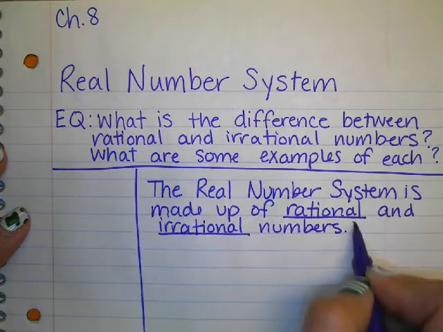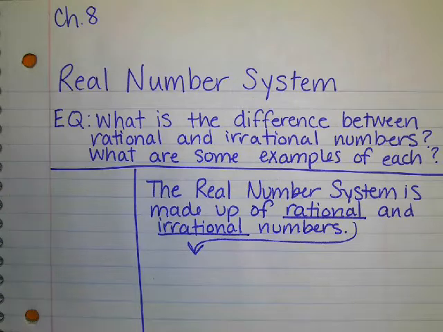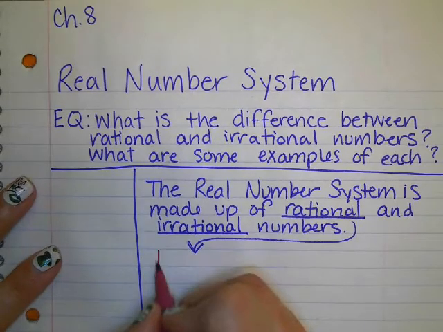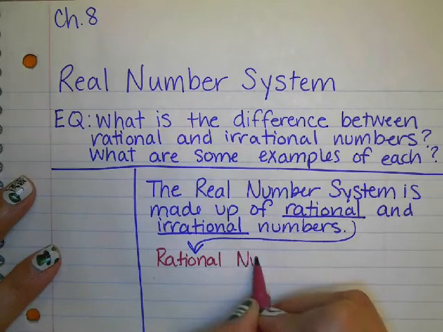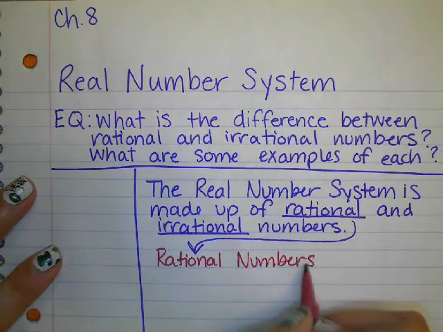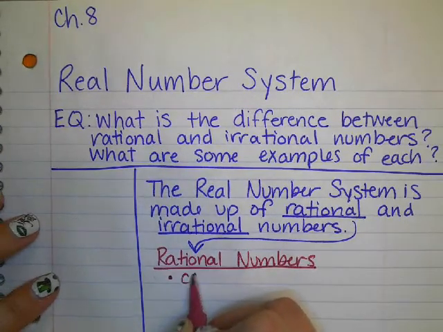So we're going to talk about our rational numbers first, because rational numbers have a lot of different characteristics on them. So rational numbers can be fractions or decimals.